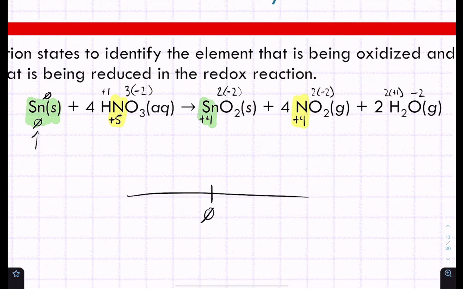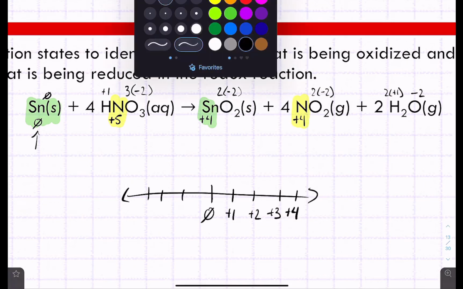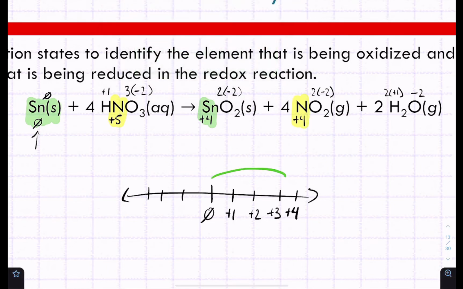Tin goes from 0 to +4, which, right, at this number line again. Actually, got to go to 4. So +1, +2, +3, +4. Right, so tin goes from 0 to +4. So that oxidation state is increasing. So it's being oxidized.